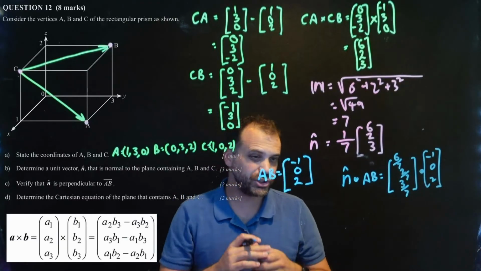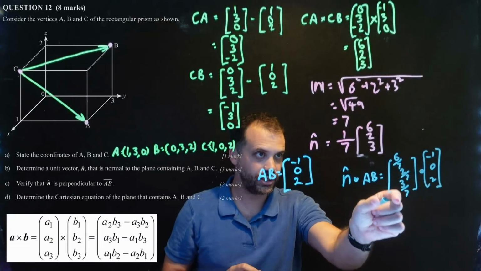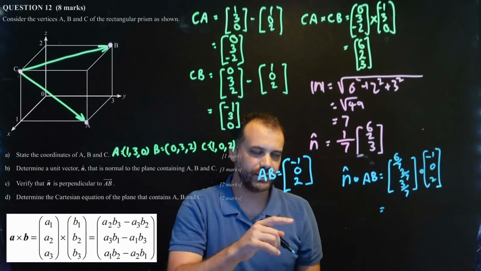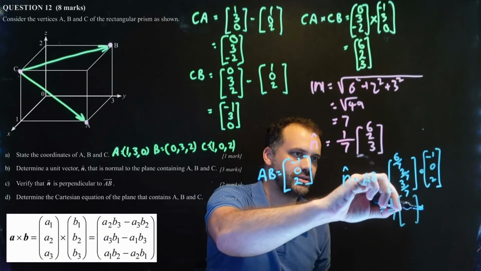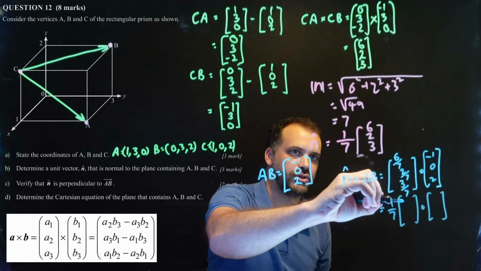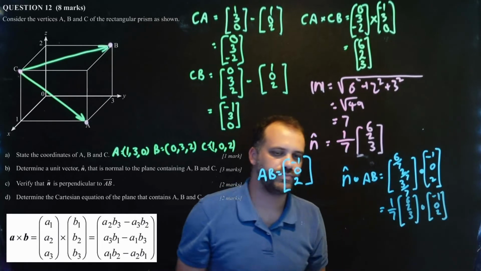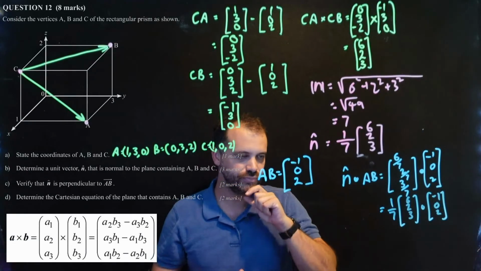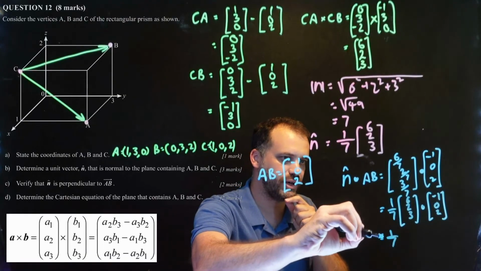And in fact, I'm going to change my mind about writing it like that, but I really want to write it for you to show you that, like, okay, that's a dot product. But the properties of dot products tell us that we can actually just do 1 over 7 times the dot product of this, 6, 2, 3, negative 1, 0, 2. And we're going to get the same answer. These are equivalent.